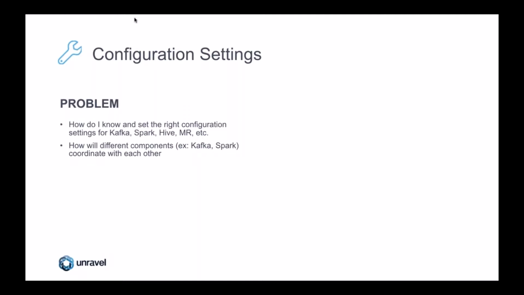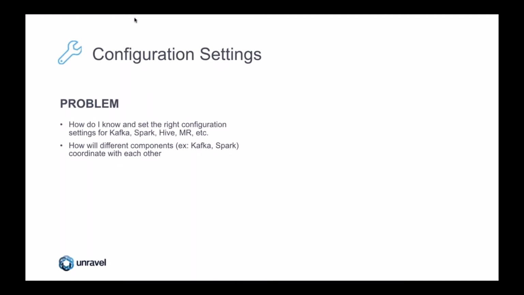Another very common problem that we see often is on configuration settings. Configuration settings, as you all know, come in the hundreds, right? And configuration settings dictate everything about the performance of this application.